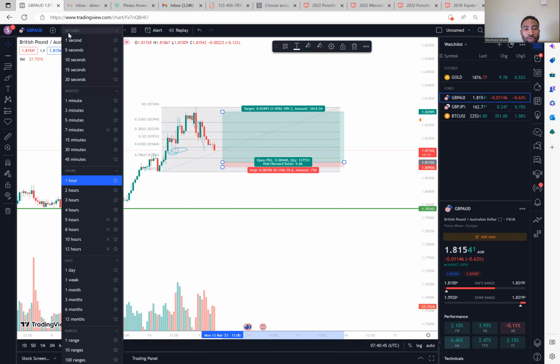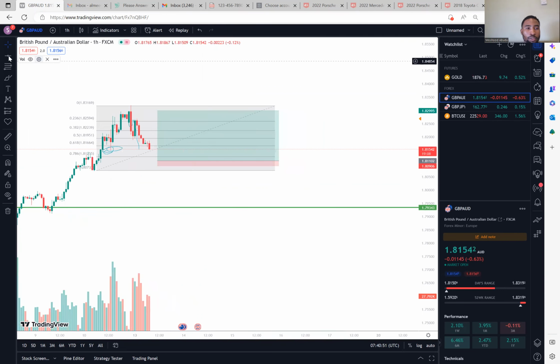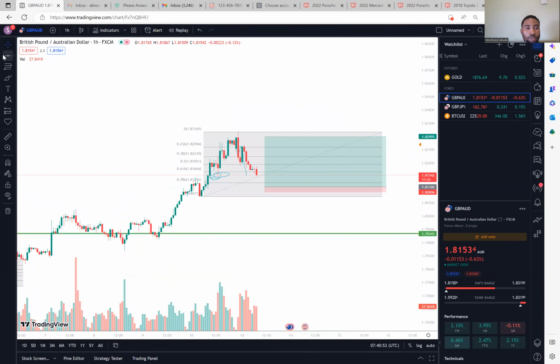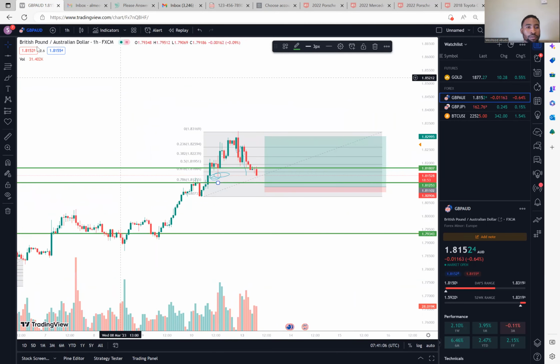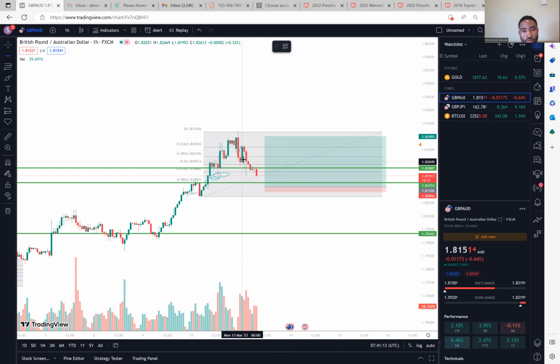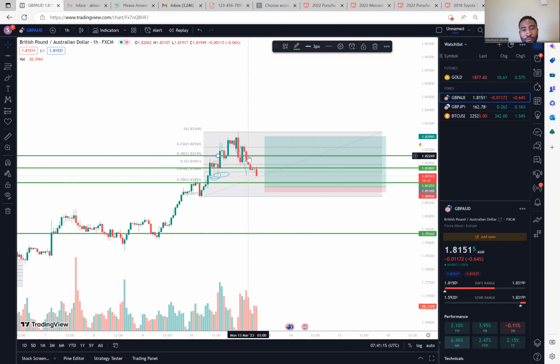Then I'll go to 15 minutes time. Hold on, let me mark up my zone first. I want to mark up some zone here. We have this one here, right? Our previous one, then we have this zone here, then we have this one here.